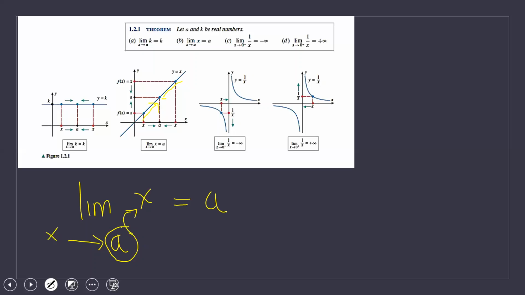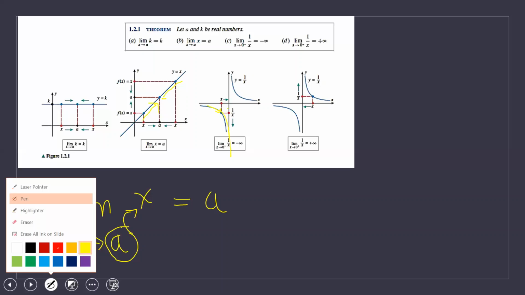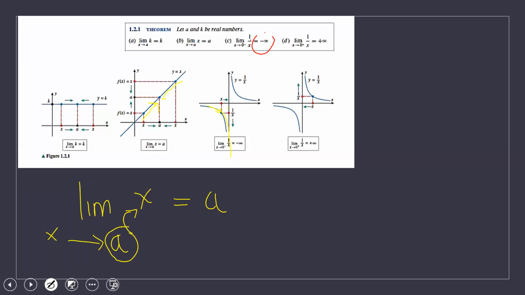And the limit of 1 over x, as you see in the graph, when x approaches 0 from the left, since it is bounded to the negative y axis, it will be negative infinity. And when it approaches 0 from the right, it will be positive infinity.